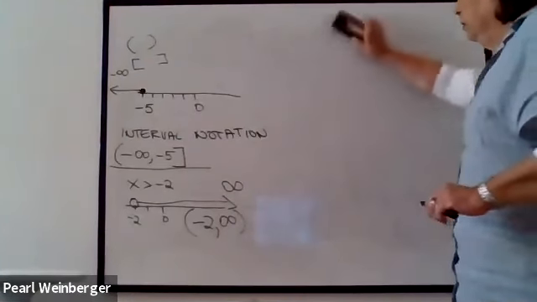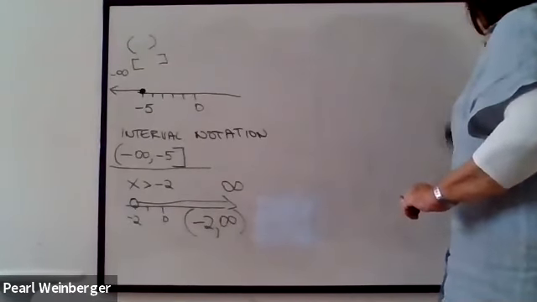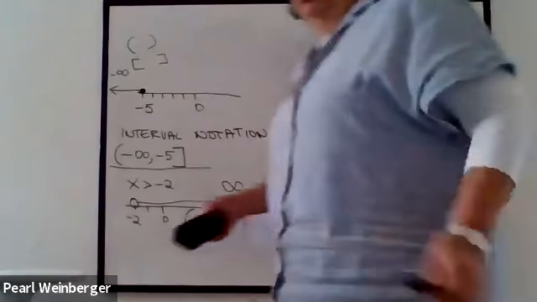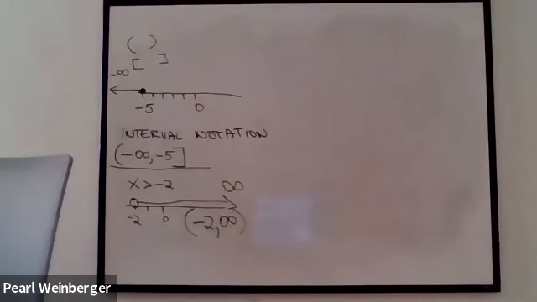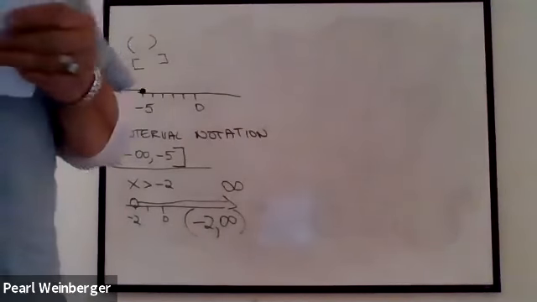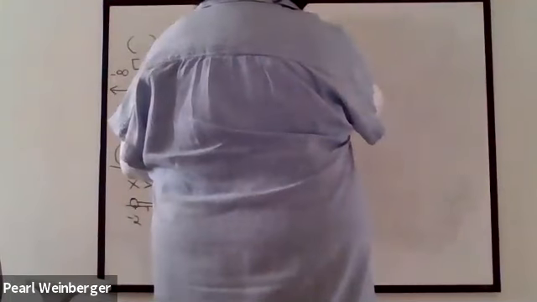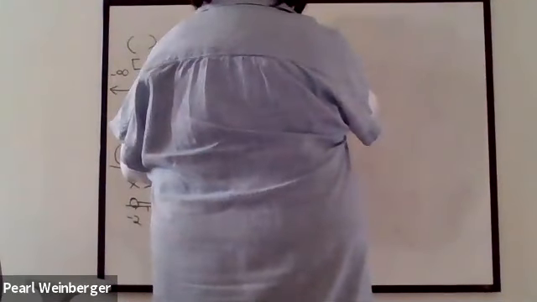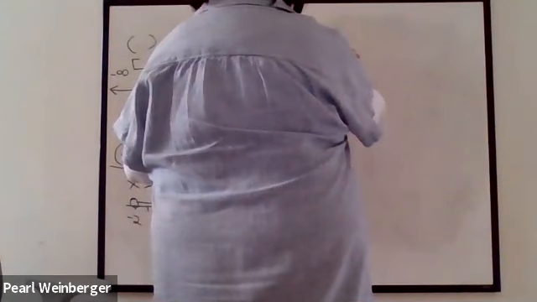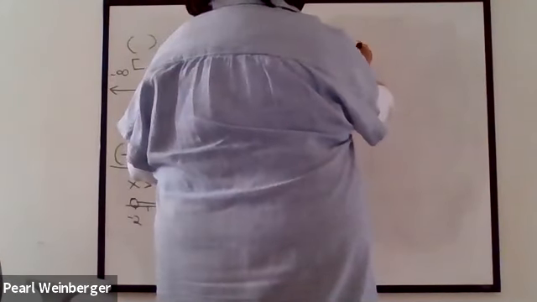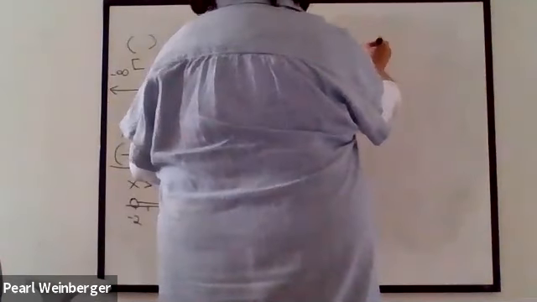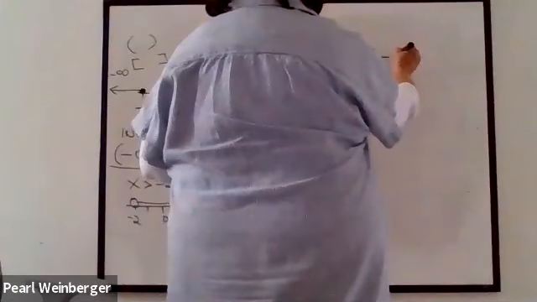We have a few more minutes, so let me give you a problem to try and see if you could do it, putting your answer in interval notation. -2 is less than or equal to 7 minus 3x.